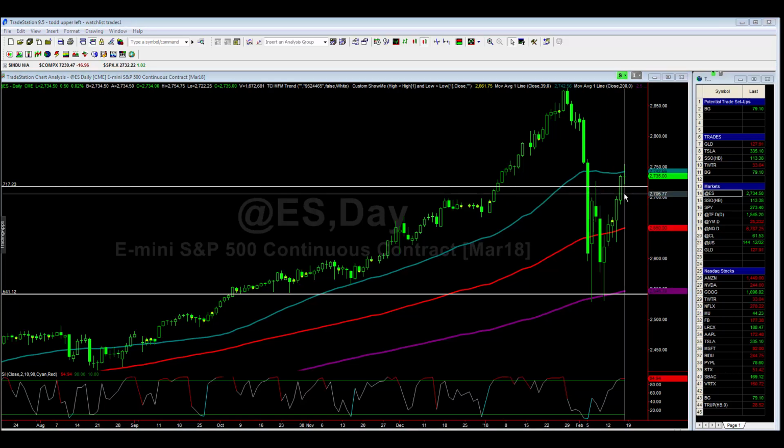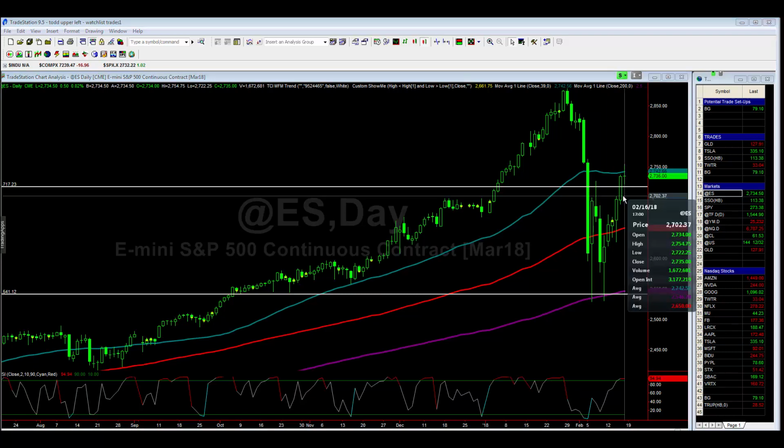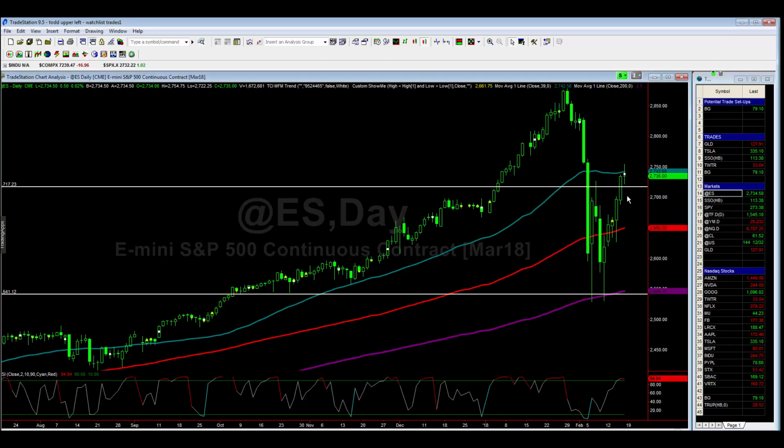If we can start penetrating down through Friday's low, then I think we have a chance to move down a bit. I don't think this is going straight up, but again, who knows? Nobody knows if we go straight up. All I'm saying is the first indication that we might get some accelerated selling is a clear penetration down through Friday's low. So we're looking at the E-minis on a continuous chart.